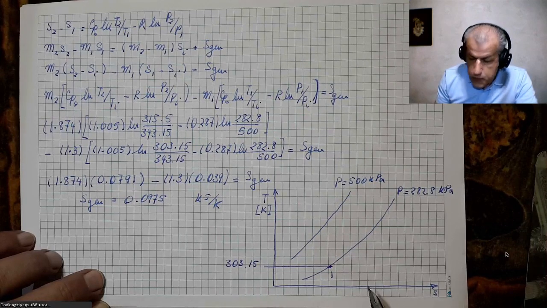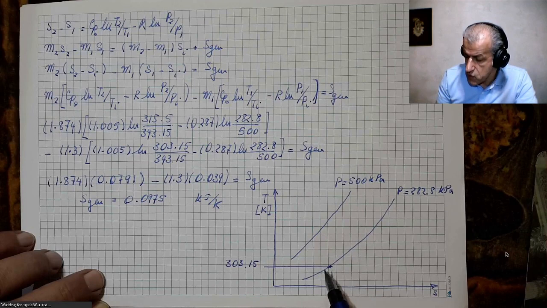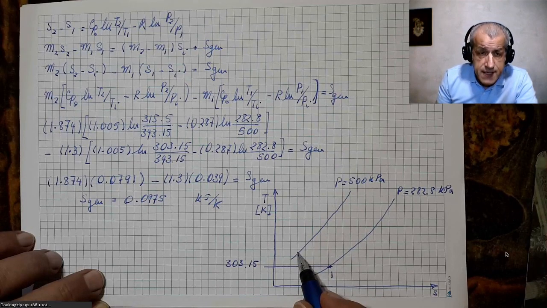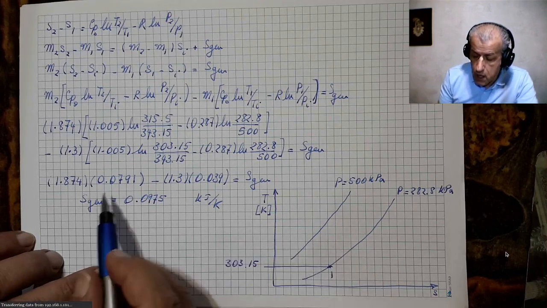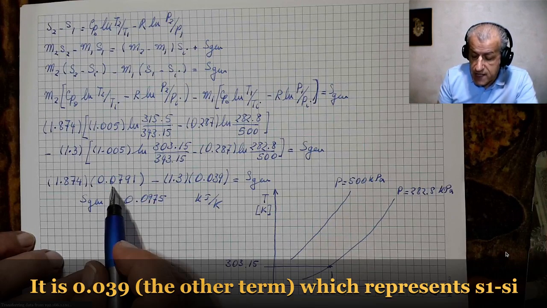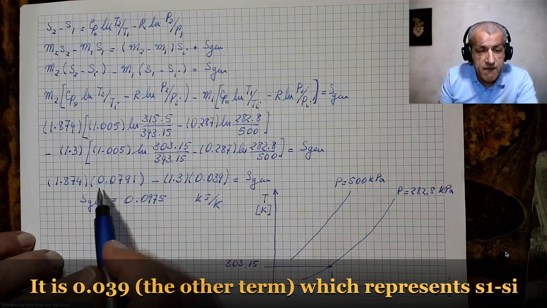Now, to put point I on this diagram, we have to know whether I has entropy less than 1 or more than 1. And that's why I calculated this term individually and put the value for it.